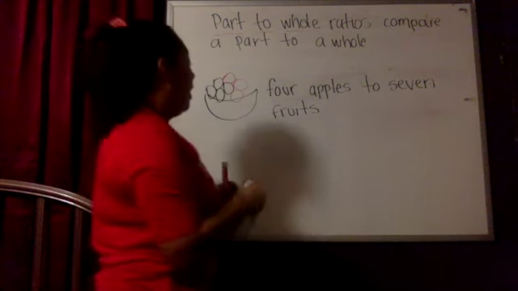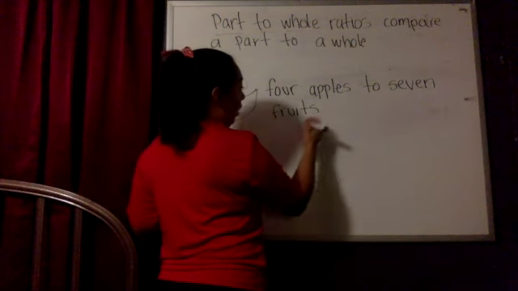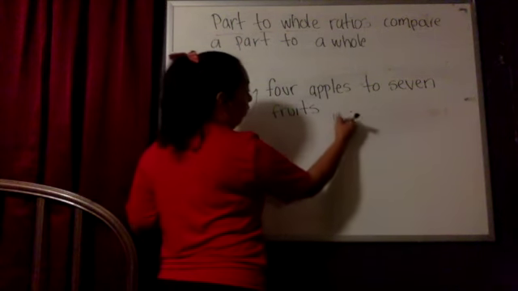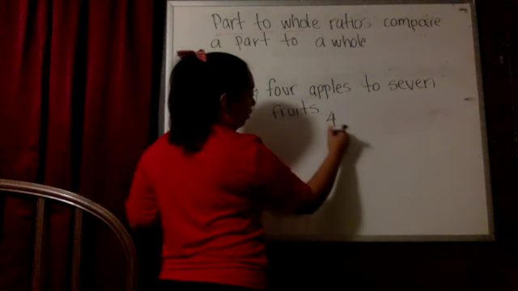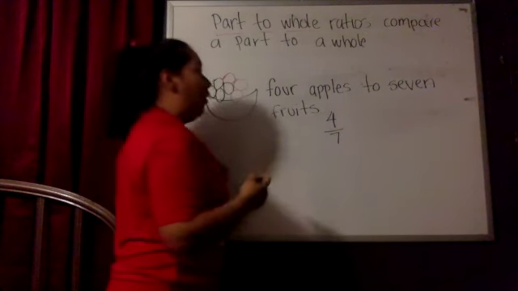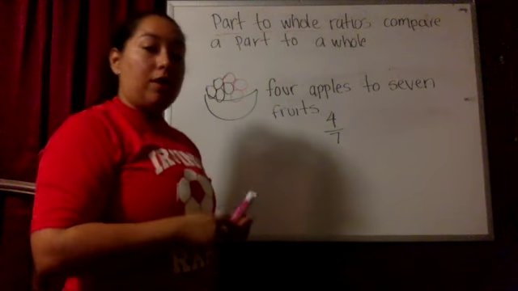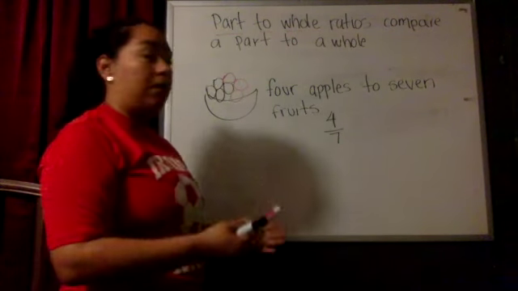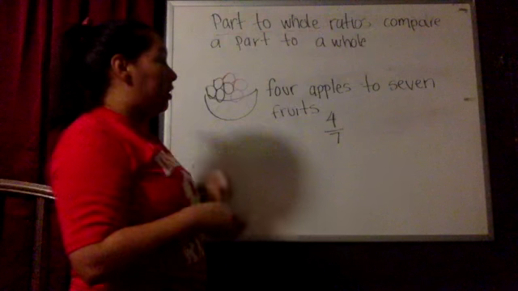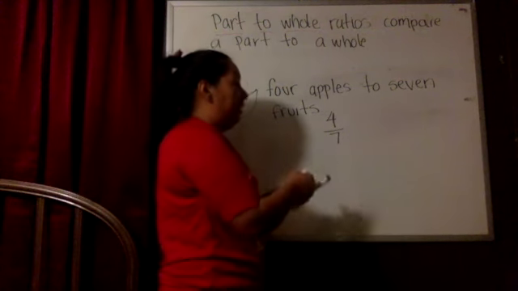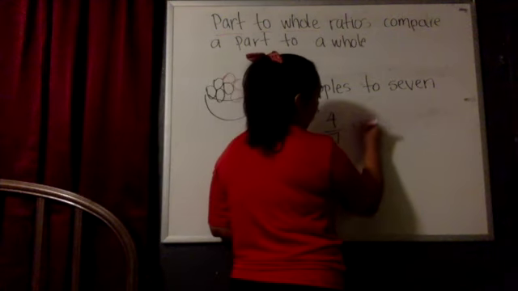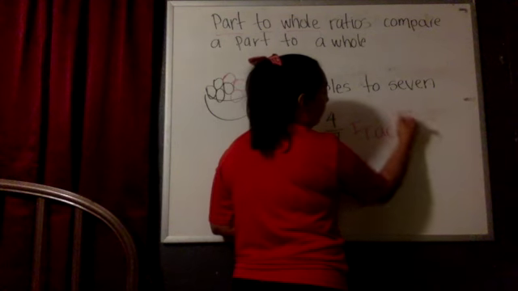If we write it down in a ratio, it would look like 4/7. Now, as the part to part, it looked like a fraction but it wasn't. In part to whole, 4/7 is actually a fraction. So remember that.